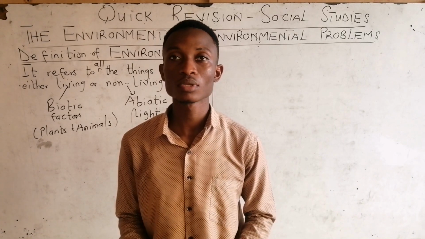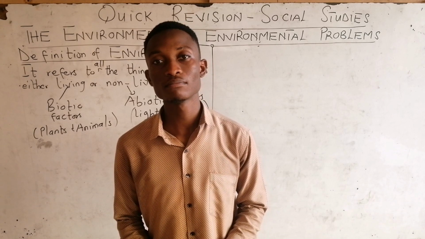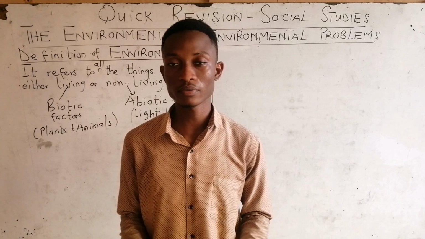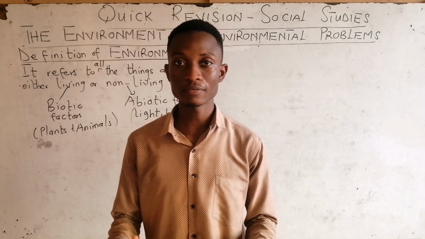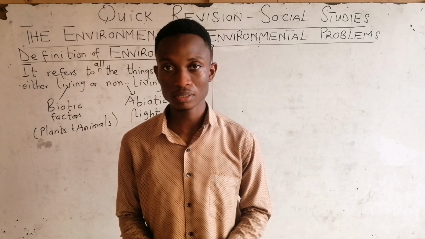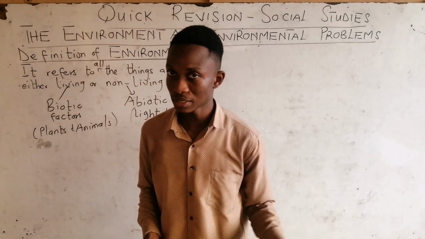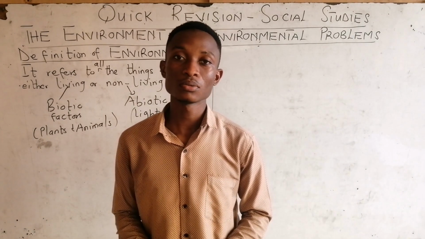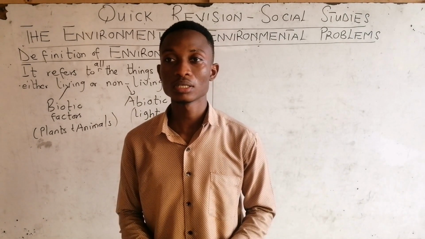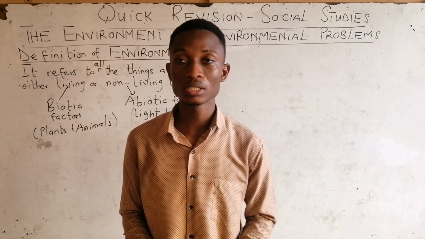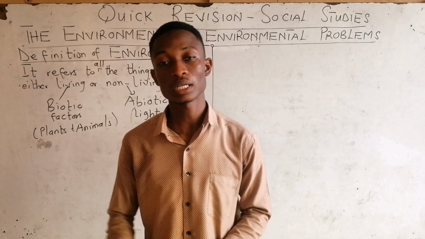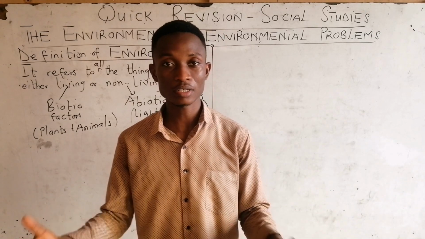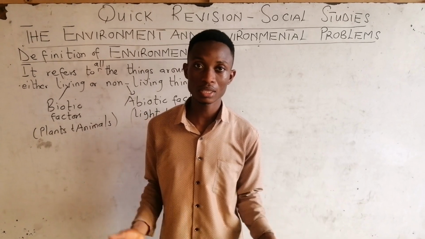So we can ask you, give some components of the environment, subcomponents of the environment, or some of the things that can be found in the environment. We have human beings, we have plants, we have animals, we have mountains or relief features, we have highlands and lowlands, we have water bodies, we have the climate is also part, we have air and the like. These are some of the things that can be found in the environment.